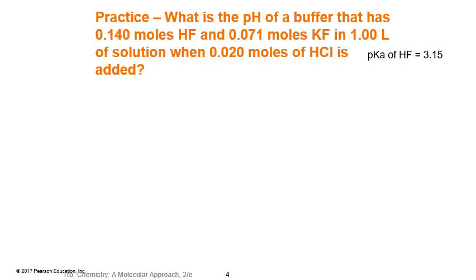Here's a practice for you to try. Add hydrochloric acid to a buffer solution made up of hydrofluoric acid and potassium fluoride. See if you can calculate the pH after that acid addition.